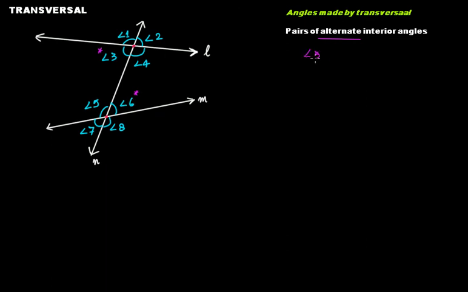So angle 3 and angle 6, and then angle 5 and angle 4. These two pairs of angles are pairs of alternate interior angles.